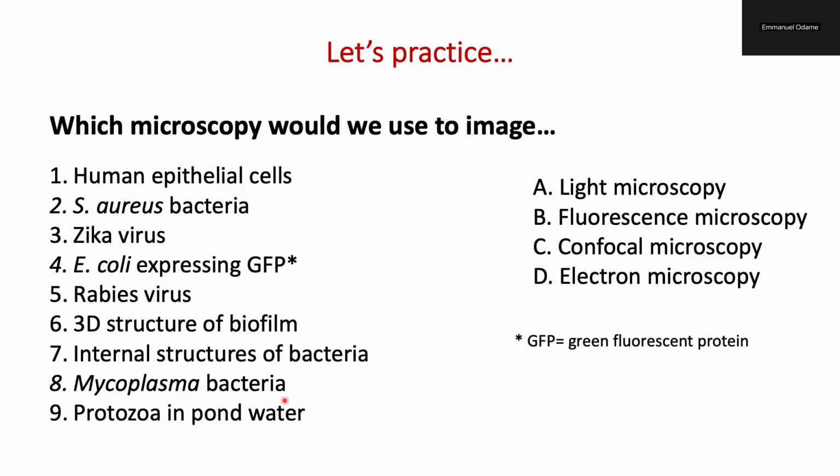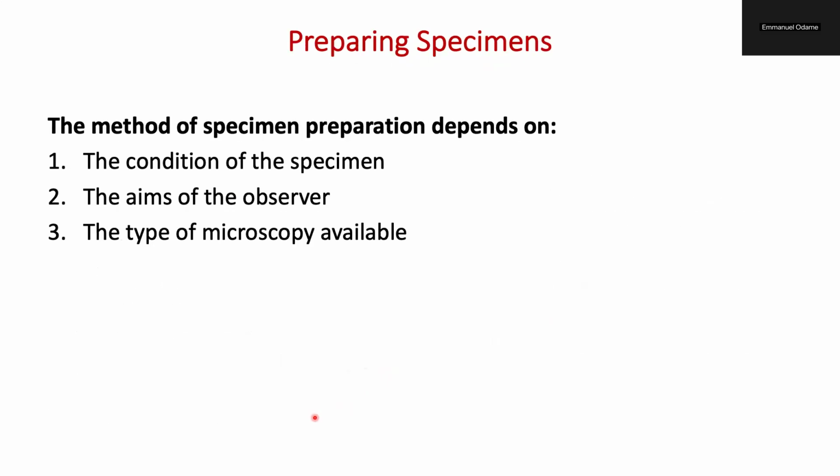What about mycoplasma bacteria? These are extremely small bacteria too, so we also need an electron microscope. What about protozoa in pond water? We think we can clearly tell this apart using a light microscope, because you can just see them in the pond water itself. So now let's move on.